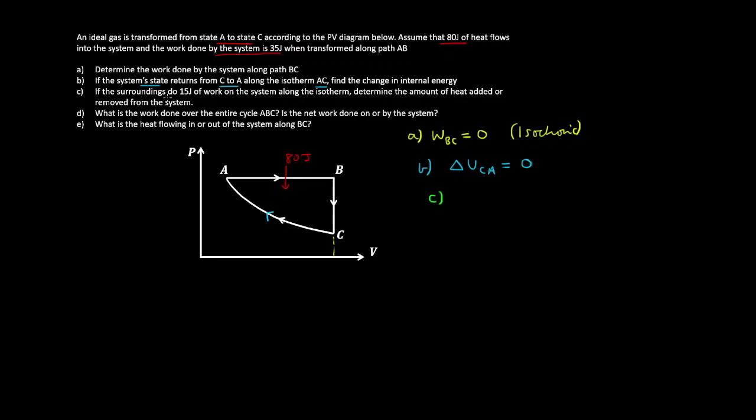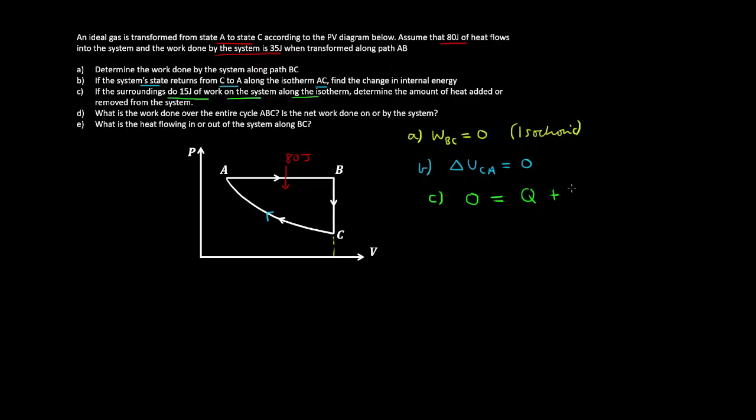Now if the surroundings do 15 joules of work on the system along the isotherm, we're asked to determine the amount of heat added or removed from the system. Well, delta U along the isotherm is 0 according to B, and that's equal to the heat plus the work done on the system.